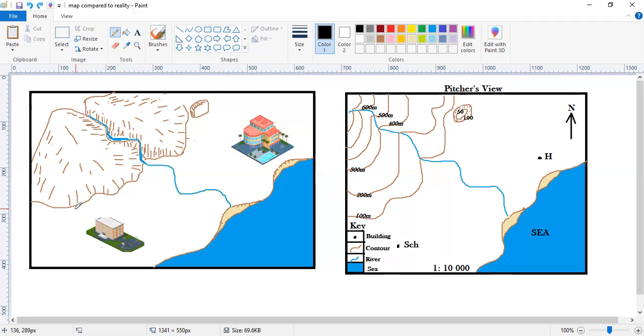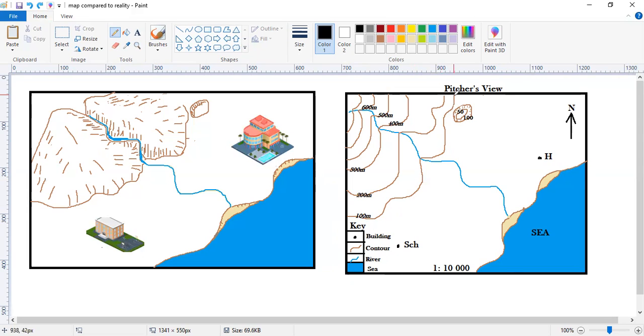On this diagram over here, I tried to draw it to represent a three-dimensional space. Notice that the land is rising. How can we show that the land is rising on a map? Well, what we do is we use some lines called contour lines.